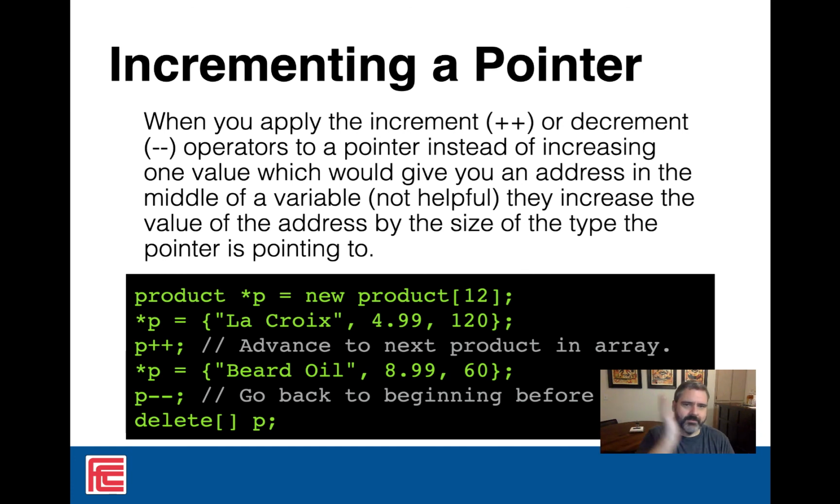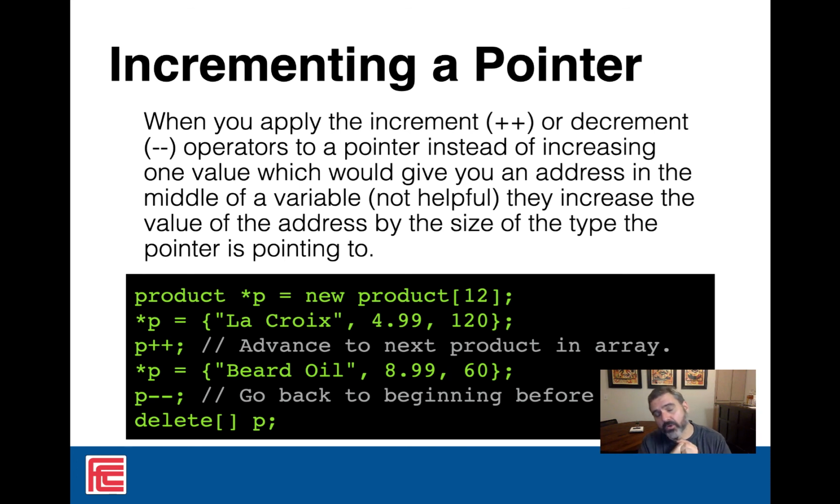So I can make the first product LaCroix, I can add one, do beard oil, do one of that, avocado, something or other, and then I can use p minus minus to go back an object. So I can advance and retreat in that array just using p plus plus, p minus minus. Whatever your pointer is, you just go back and forth, back and forth.